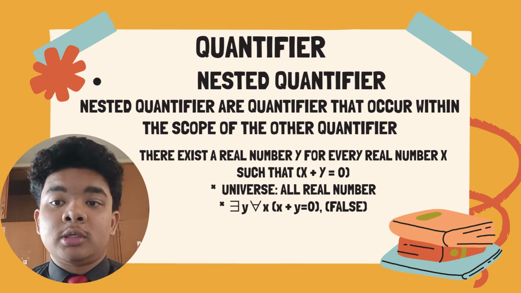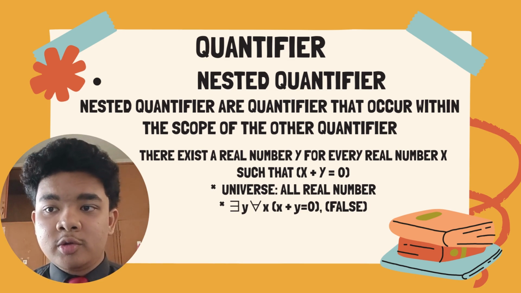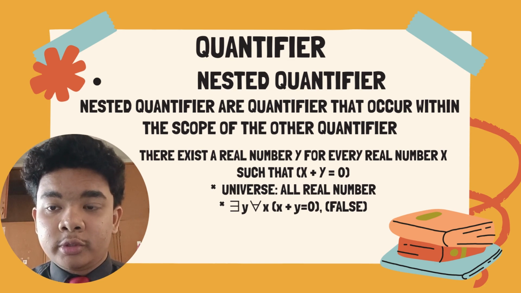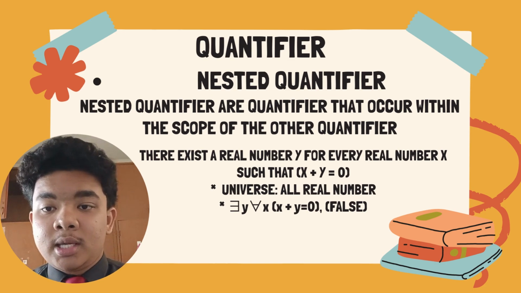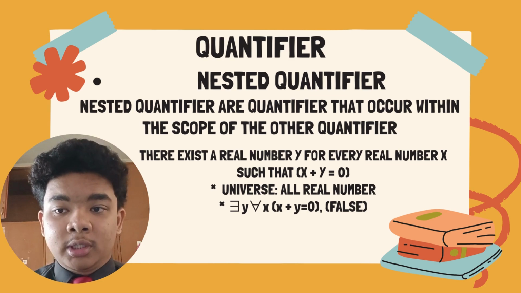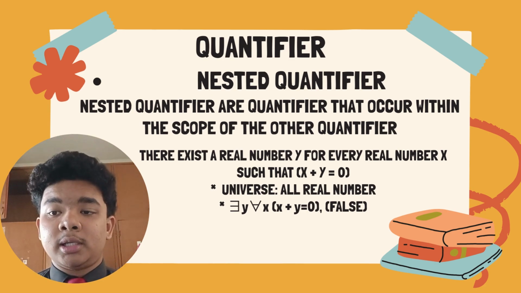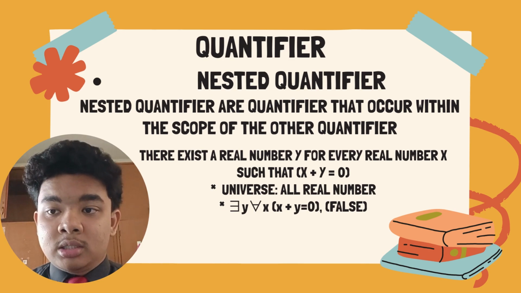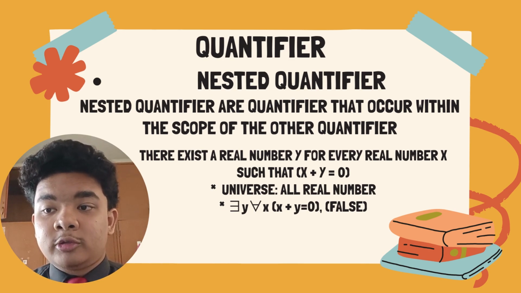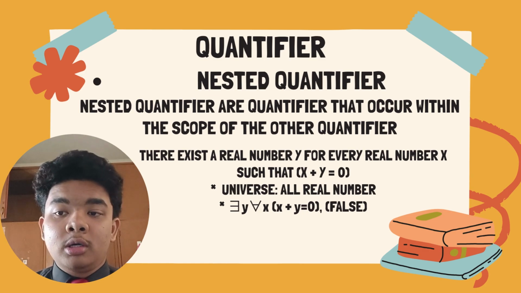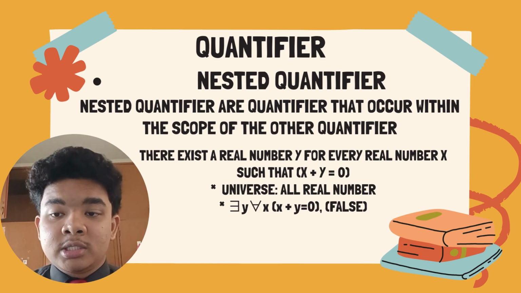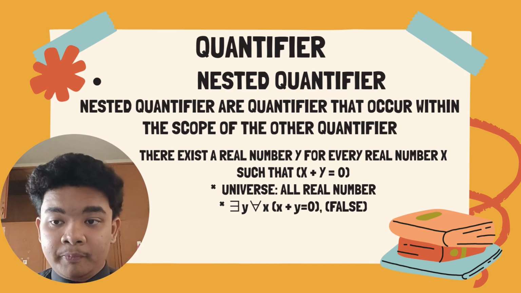Nested quantifier. Nested quantifiers are quantifiers that occur within the scope of another quantifier. There exists a real number y for every real number x such that x plus y equal to 0, universe all real numbers.